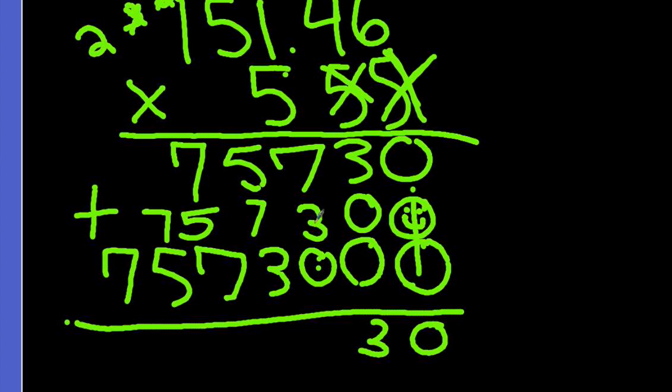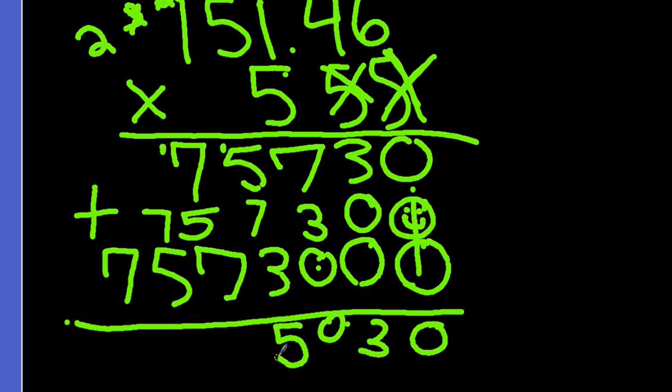You're going to put your 0 and carry your 1. 7 plus 3 is 9, plus 5 is 14, plus 1 is 15, and I'm going to carry my 1 and put my 5 down.